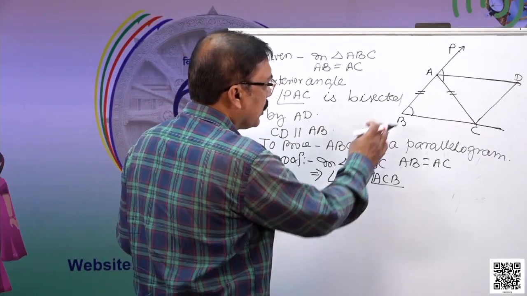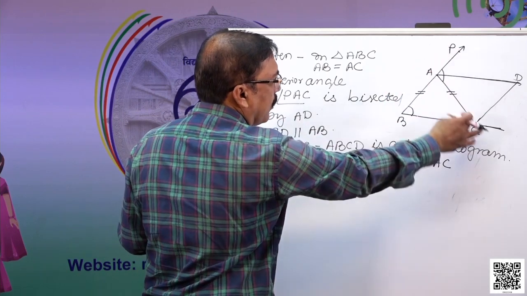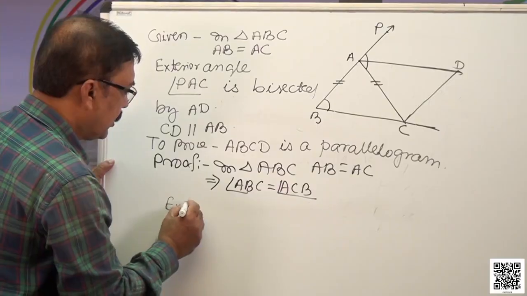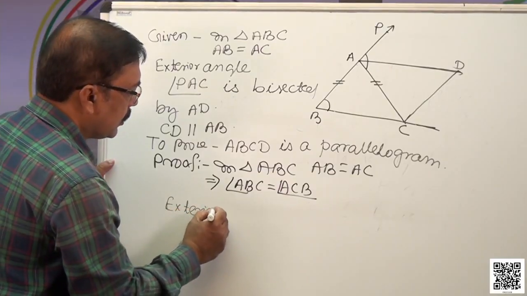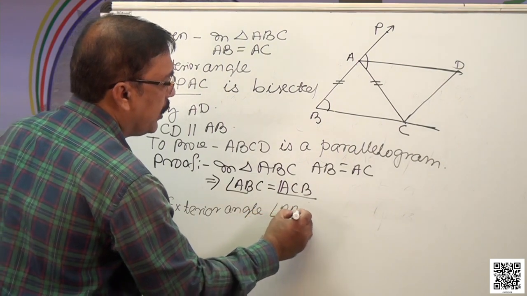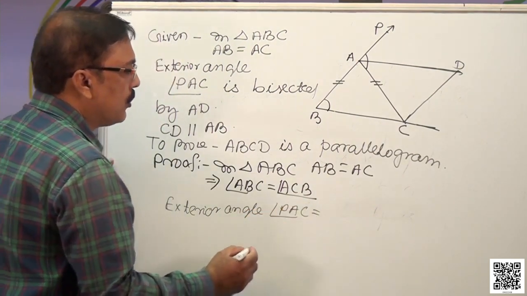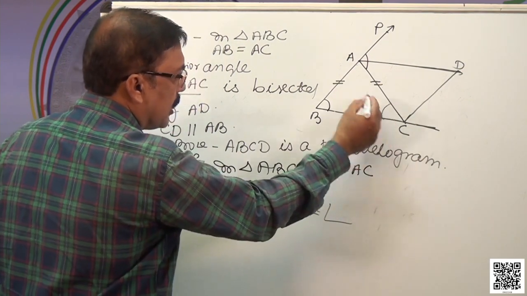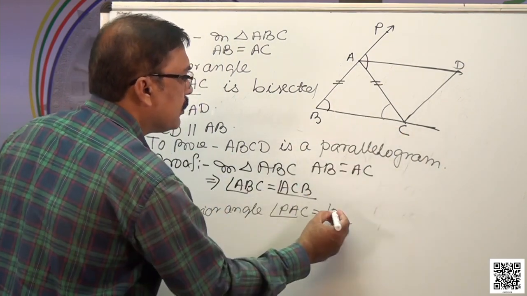Now, the exterior angle of the triangle, that is angle PAC, is equal to the sum of the interior opposite angles ABC and ACB.